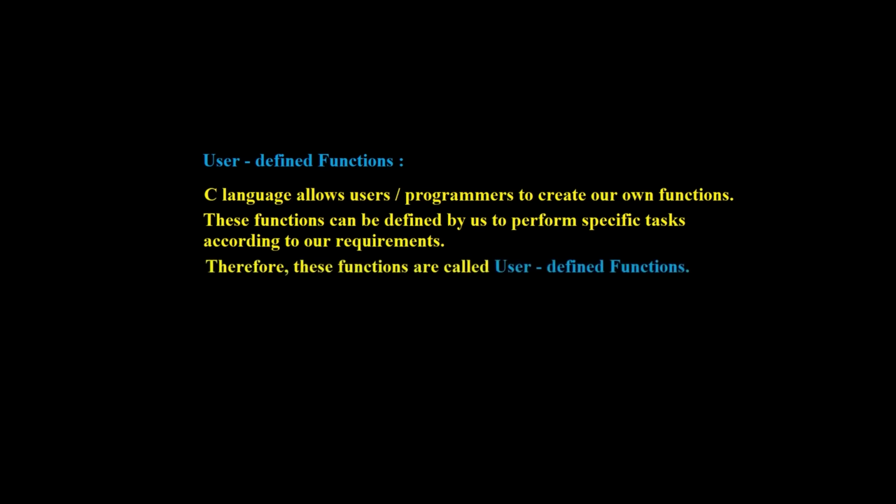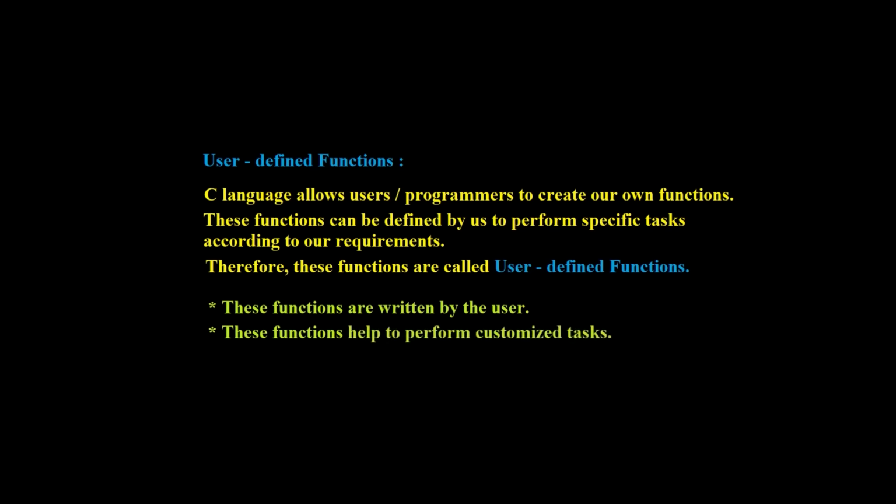Therefore, these functions are called user-defined functions because we have control over them and we can define and make them work according to our own requirements. The characteristics of user-defined functions are that these functions are written by the user and these functions help to perform customized tasks.